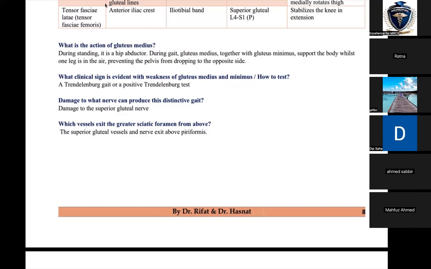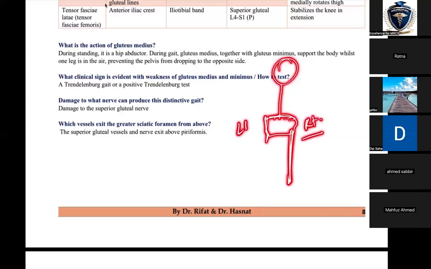So like have a look. This is the person, and this is the pelvis, and this is the right side, and this is the left side. The gluteal medius and superior gluteal nerve are injured on the right side. So the patient is standing on the right leg, and the left leg is in the air, and this sided superior gluteal nerve is injured. That means sagging down will be on the left side. Am I clear, everyone?